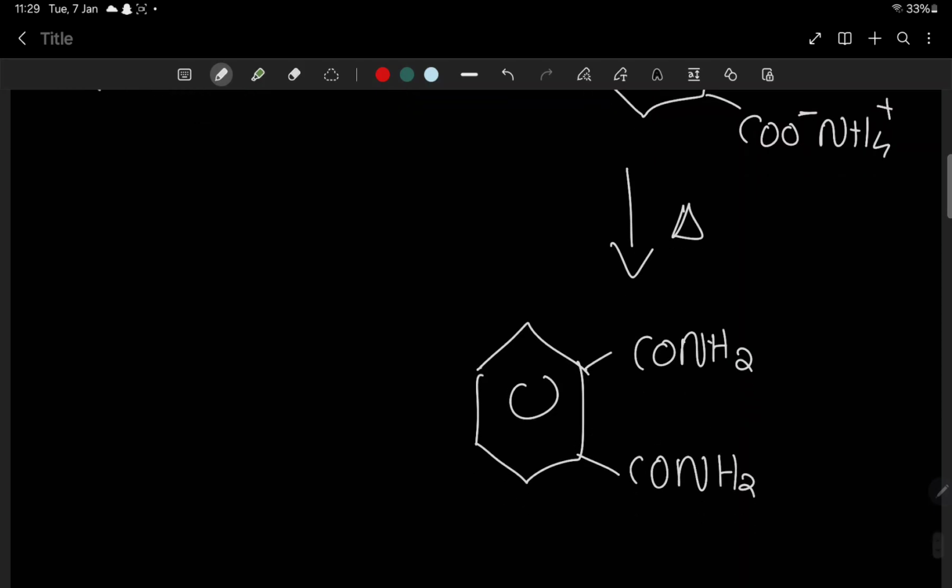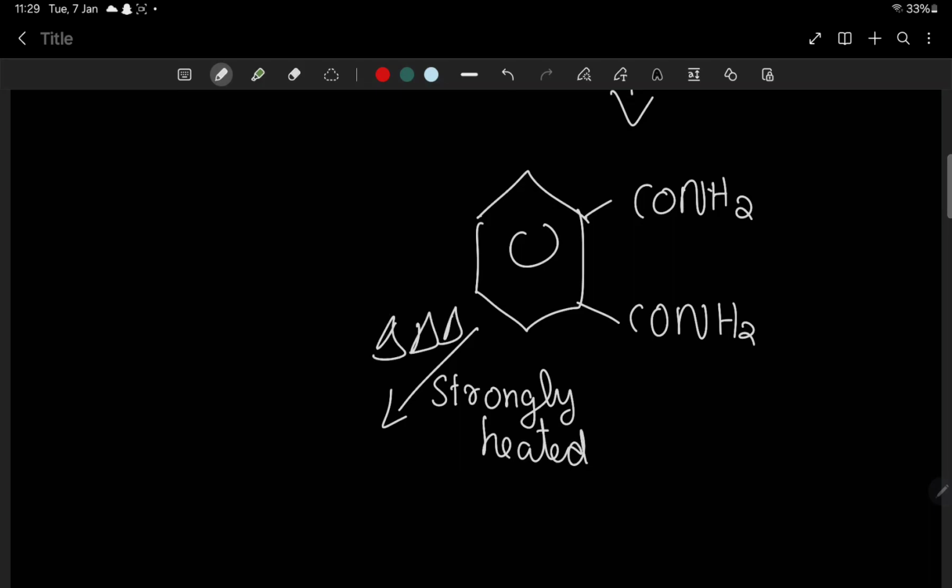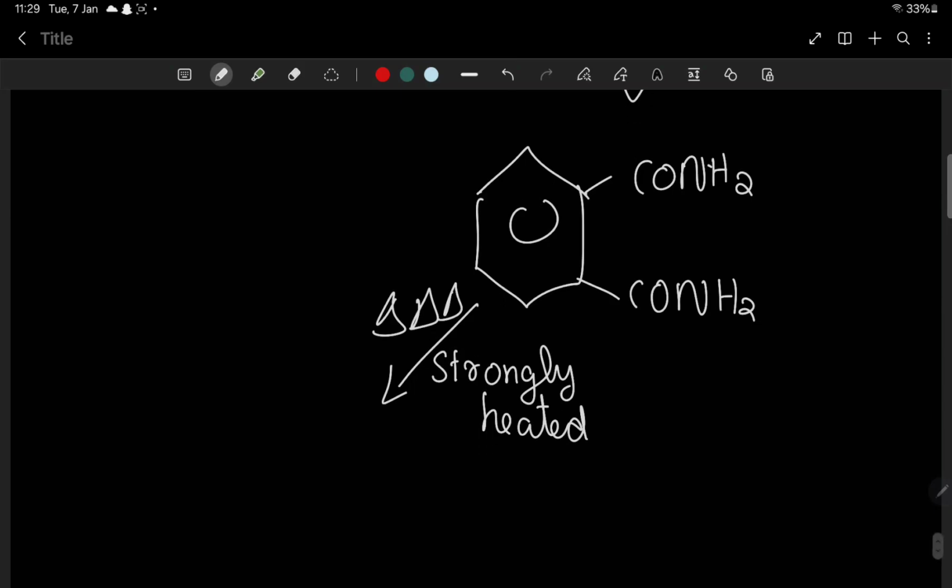Now this corresponding amide is strongly heated, very strongly, that is heated with delta three times. What happened? Do you know what happened?